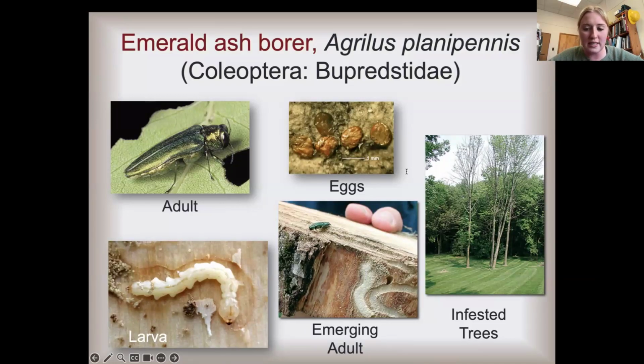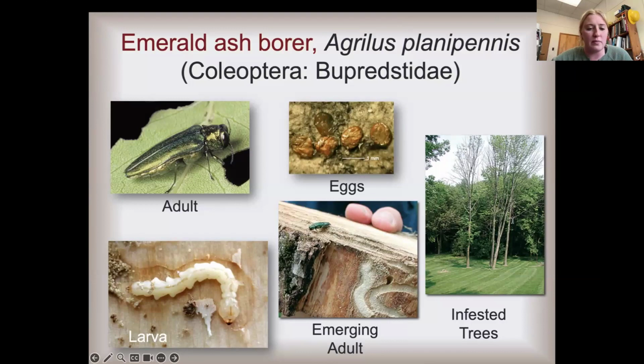So the insect in the larval stage will bore into the bark and feed. They develop on the cambial tissue in the ash tree, and they have 1 generation per year. Generally the insect overwinters as pupa inside the tree, and then they'll emerge as adults, I think in May.